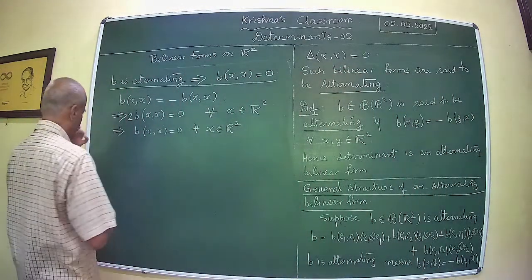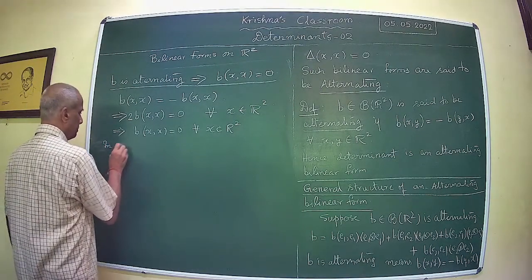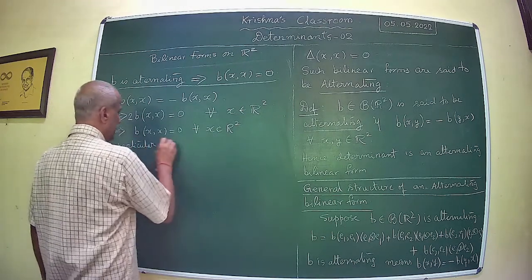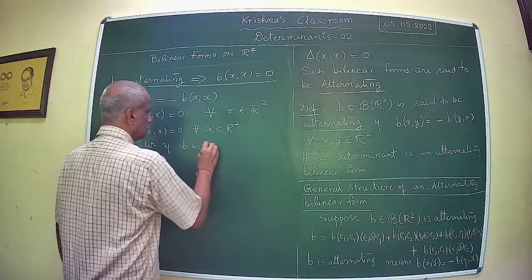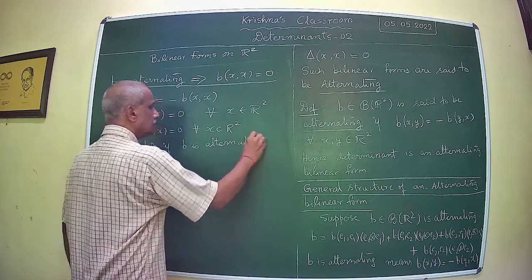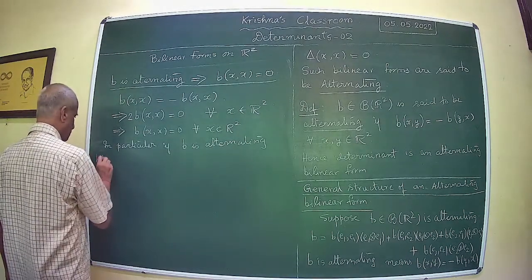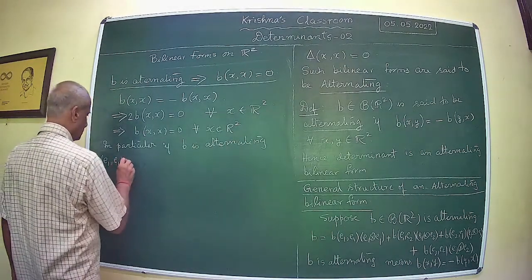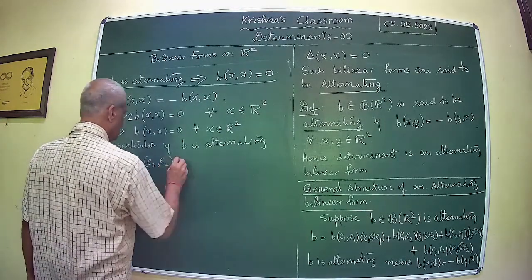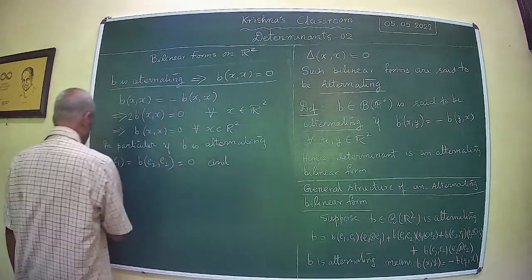Therefore, we have, which in particular, if B is alternating, equal to 0.